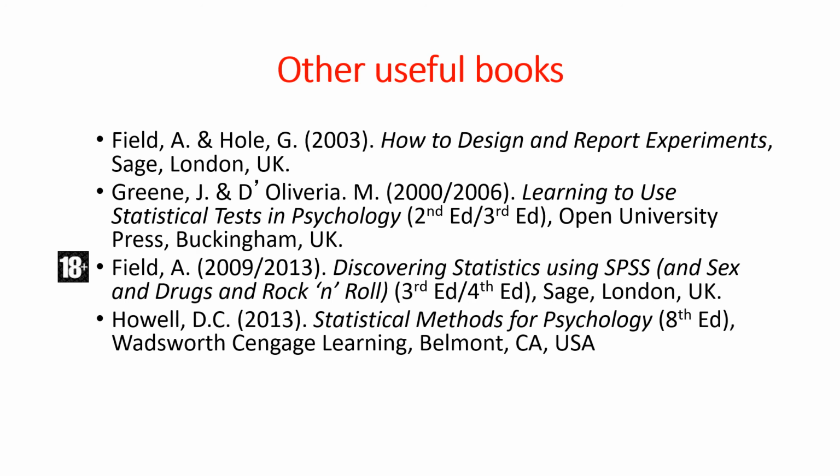But I think the Jamovi book I introduced should be enough. If you still want to read more on statistics, these are a few of the books, and you can also ask other people to recommend some books to you. So yeah, that's it.